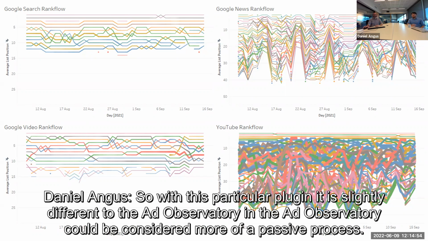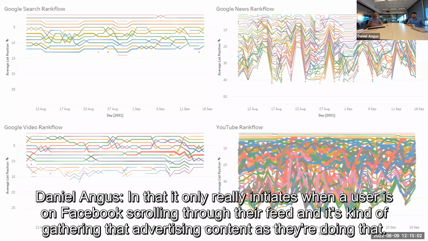So this particular plugin is slightly different to the Ad Observatory in that the Ad Observatory could be considered more of a passive process, in that it only really initiates when a user is on Facebook scrolling through their feed, gathering that advertising content as they're doing that.